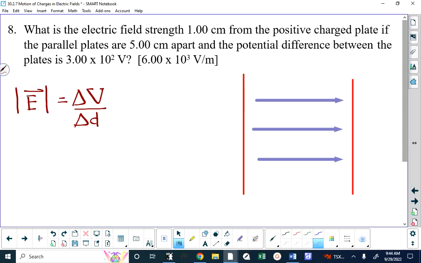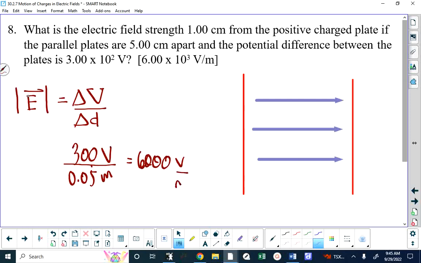I wish we had something different there. In this formula, this is the distance between the plates, period. So I need to take 300 volts and divide that by the distance between the plates, which is 0.05 meters, and that's going to give me 6,000 volts per meter.